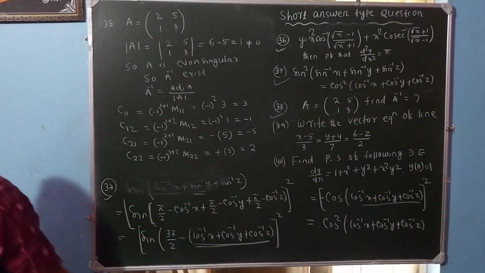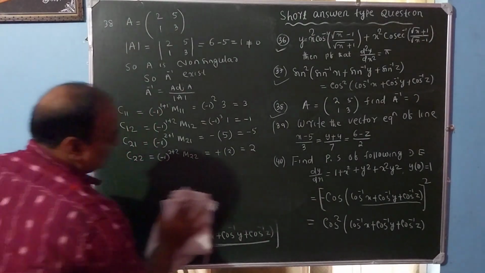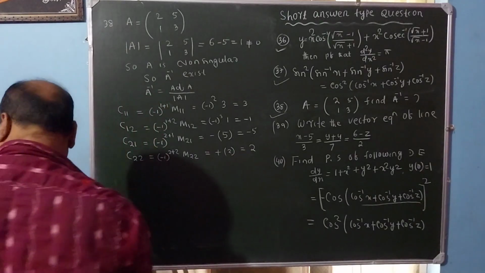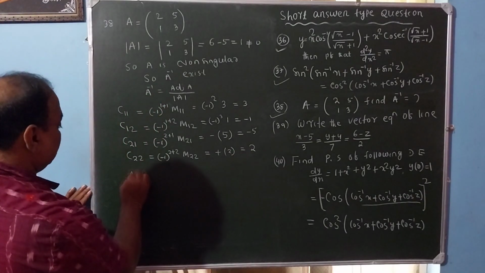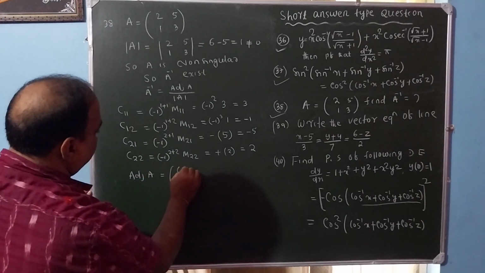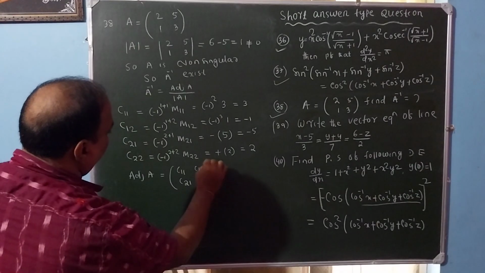Okay. So adjoint of matrix is obtained by transposing the cofactors. So write down adjoint of A. C11, C12, C21, C22.